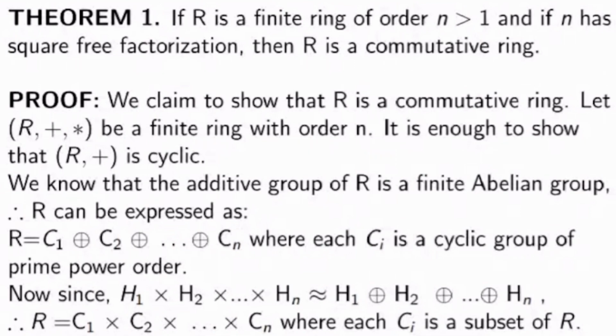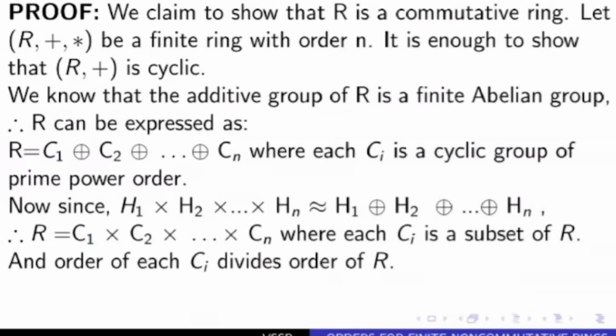So if the order of R is p1 into p2 into p3 up to pn, then the orders of C1, C2 up to Cn are p1, p2 up to pn, and each p i is relatively prime to the others. So the internal product C1, C2 up to Cn is a cyclic group.